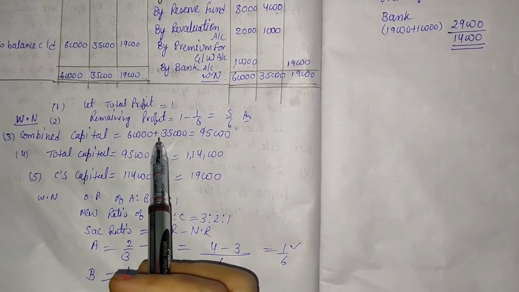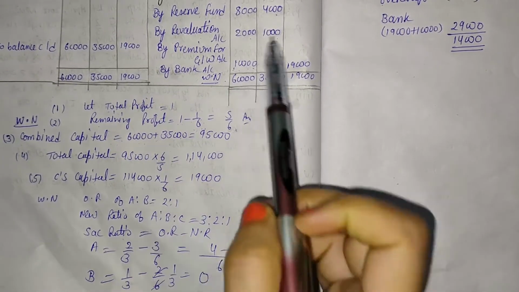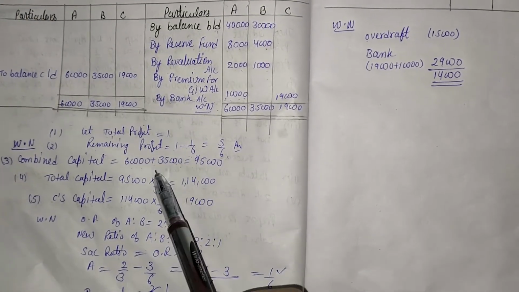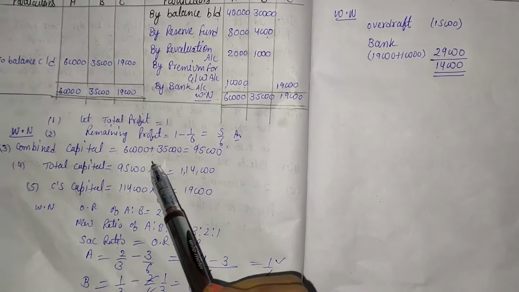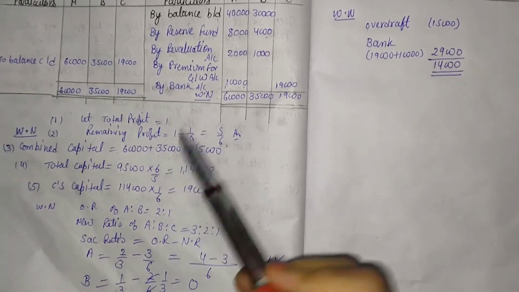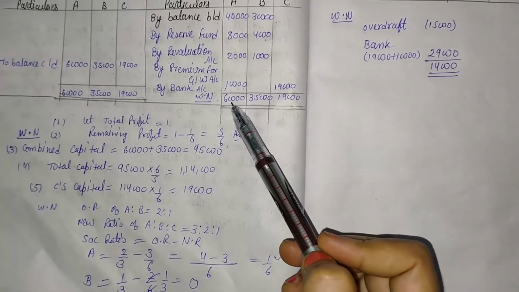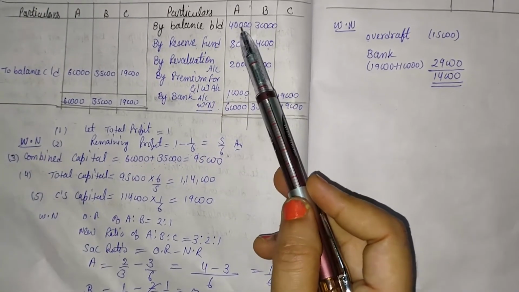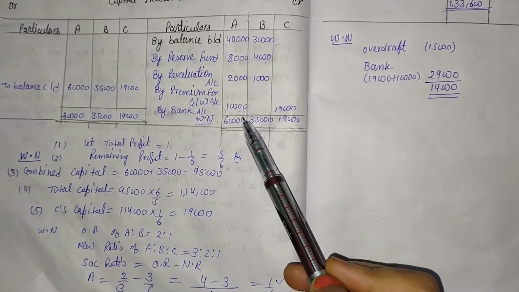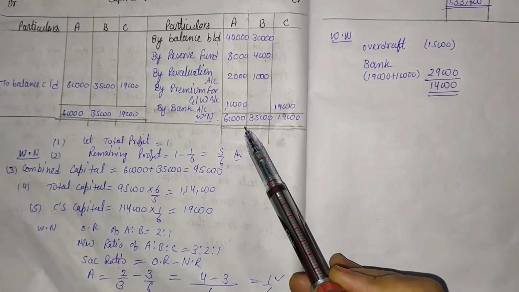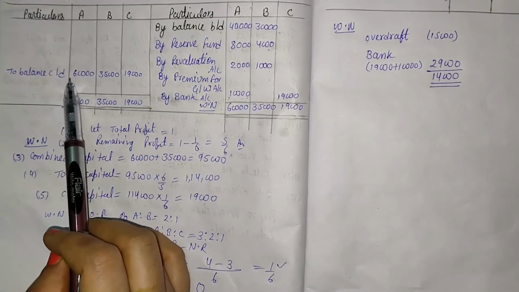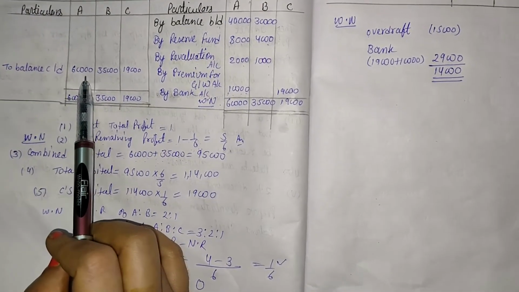And what is the value of old partners' capital? That is 60,000 plus 35,000. That is not the balance b/d. That is the adjusted capital. And we can find the value of adjusted capital by totaling the old partners' capital. Here the value of A's capital is 40,000 plus 8,000 plus 2,000 plus 10,000. That is rupees 60,000. Here there is no other balance, so we find the balance c/d, that is 60,000.